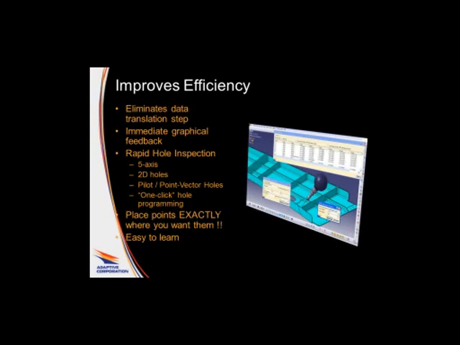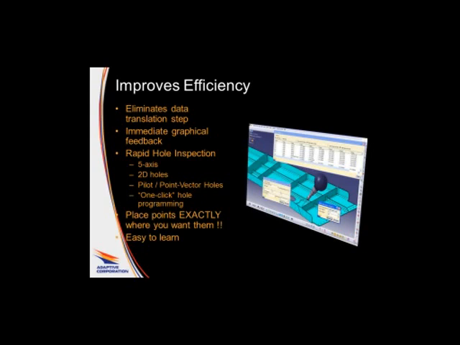It improves efficiency. We're eliminating translation, so we do not have to have the engineering department create IGES and STEP files if the programming department or the CMM department does not have CATIA. We get quick graphical feedback on our program, and we're going to see that when we write a program and we play simulation. It's a one-click measurement to create program 5-axis holes, 2D holes, or if your model has points and vectors only.